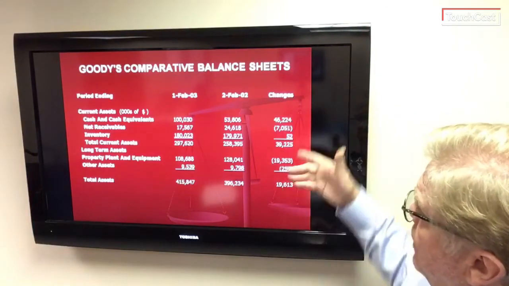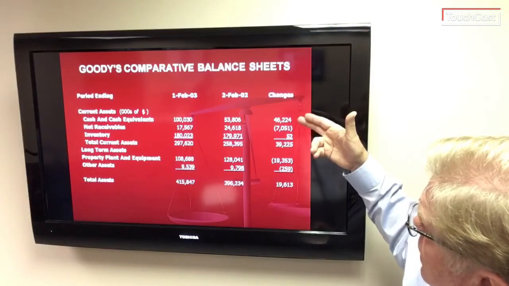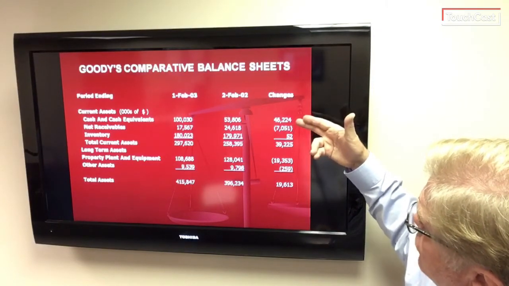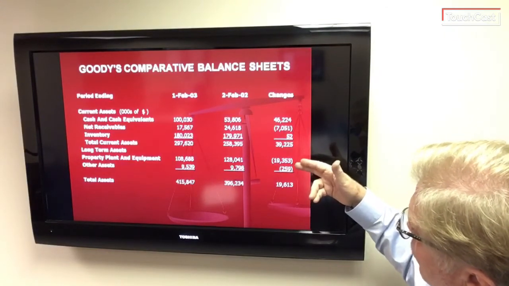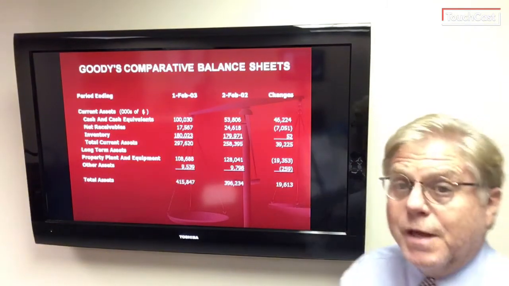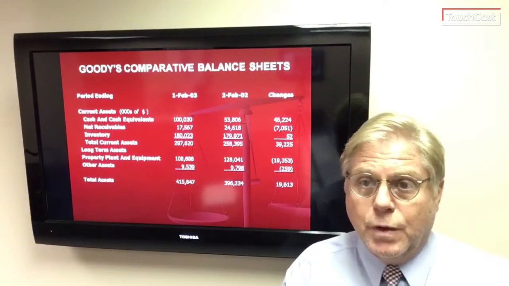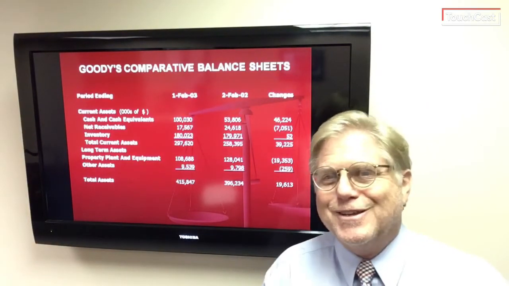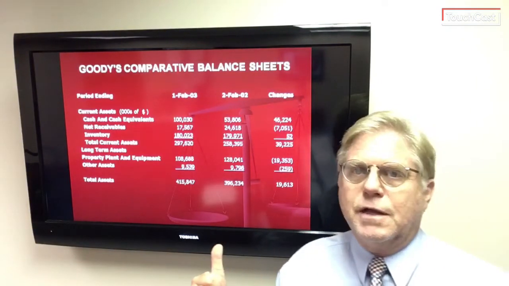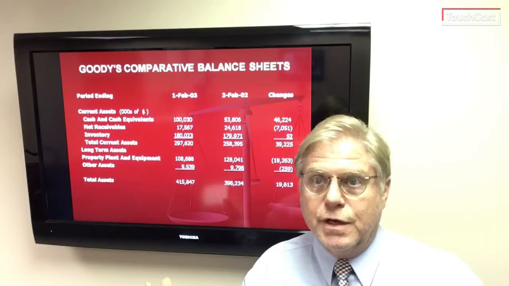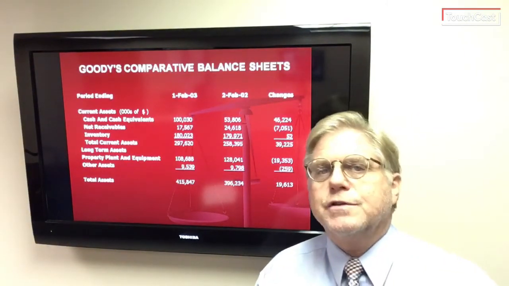Specifically, the change was mostly in cash, which grew by $46.2 million, while PP&E fell by $19.4 million and receivables fell by $7 million. So we've got an interesting picture here that happened to Goody's way back when. One of the reasons I keep using this is because there is an interesting story here. You don't find a company sitting on $46 million in cash for very long. So something interesting happened here that we'll address in just a moment.